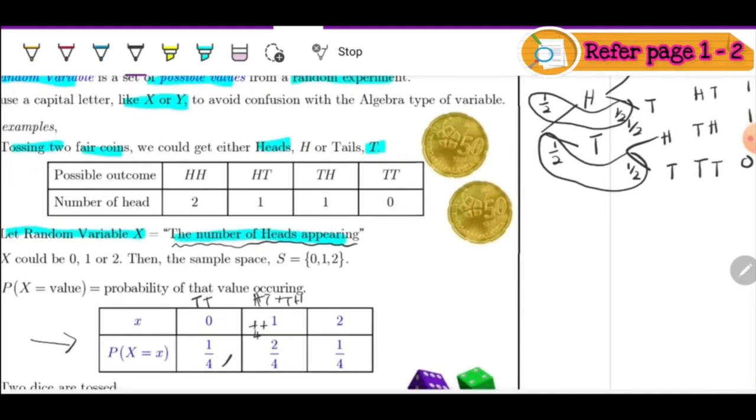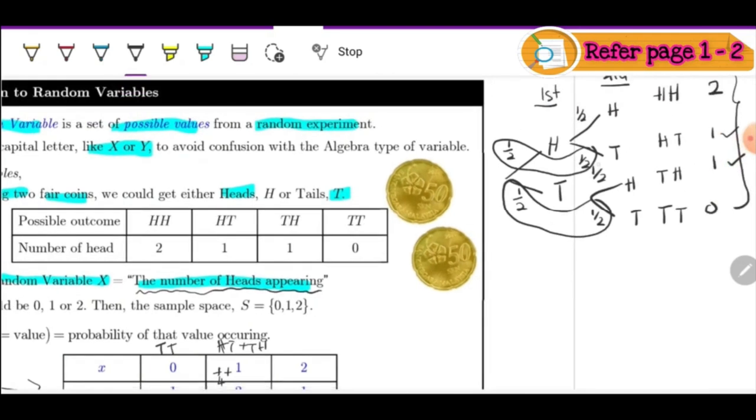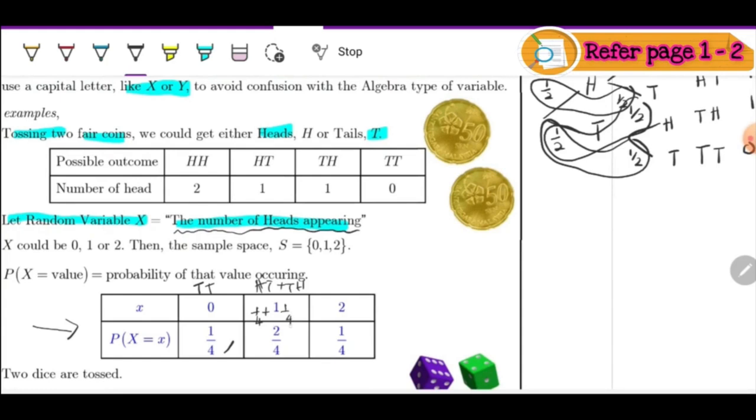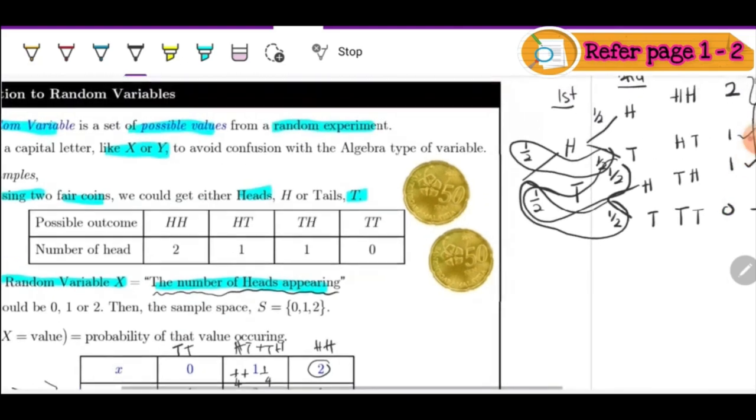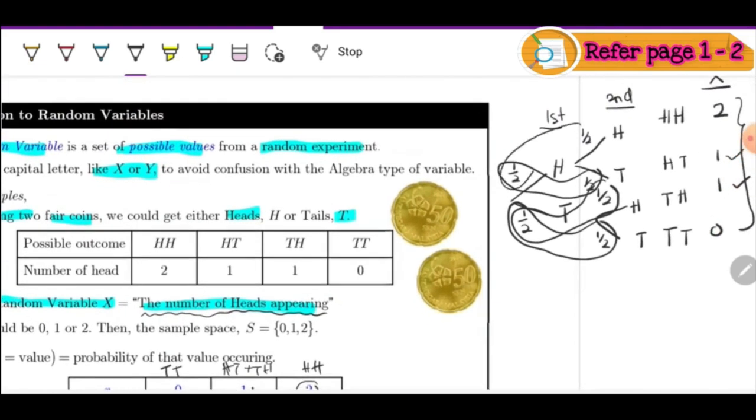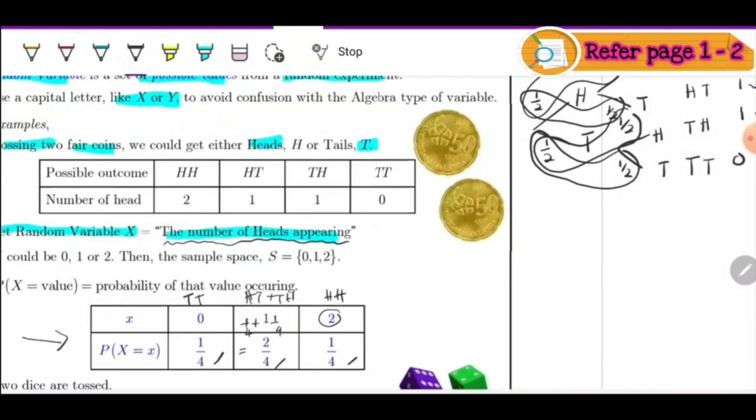And the probability of getting tail, head is 1/2 times 1/2, so we get 1/4. So the probability of getting 1 head is 1/4 plus 1/4, so we get 2/4. 2 means 2 heads. So the probability of getting 2 heads is 1/2 times 1/2, 1/4.